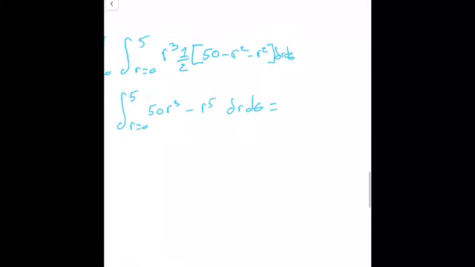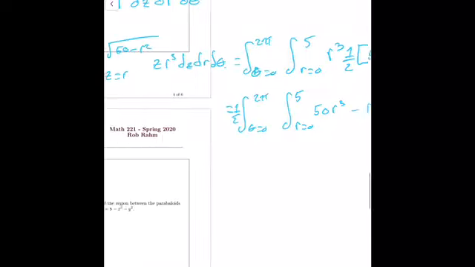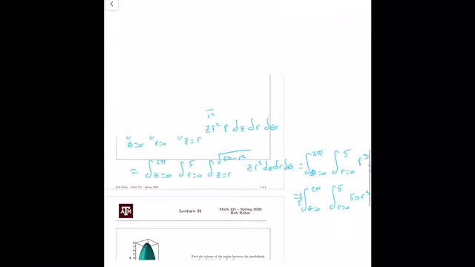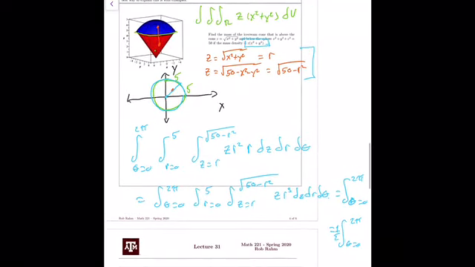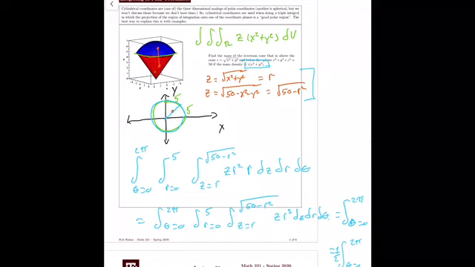And I will let you finish this on your own. This is equal to 5 to the power of 6 over 6 times pi.